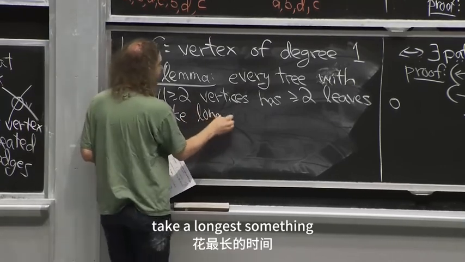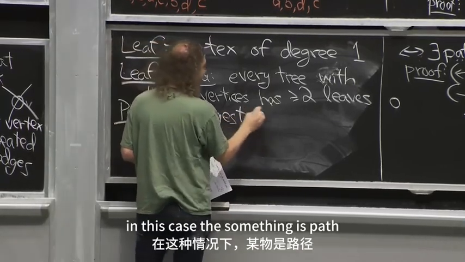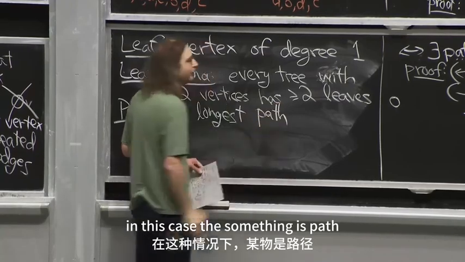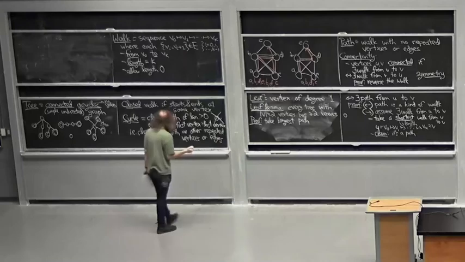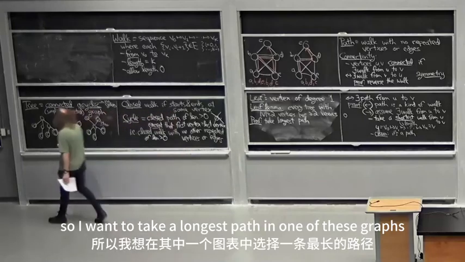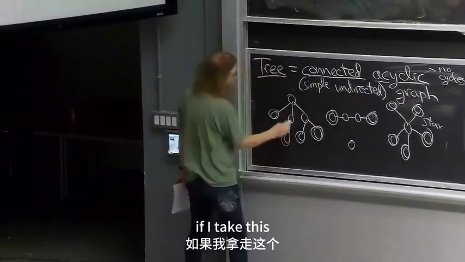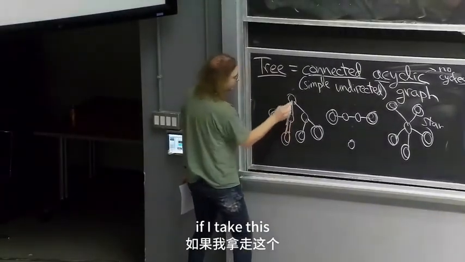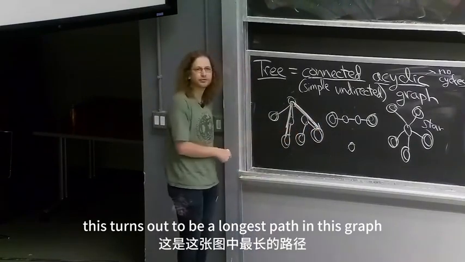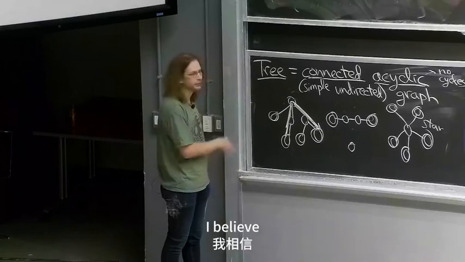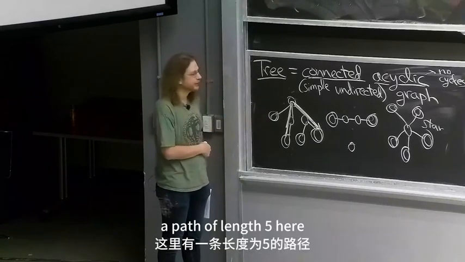Take a longest something. In this case, the something is a path. Okay, remember, a path is a walk that doesn't repeat any vertices or edges. So I want to take a longest path in one of these graphs. For example, this turns out to be a longest path in this graph. It's length 4. I believe you cannot find a path of length 5 here.